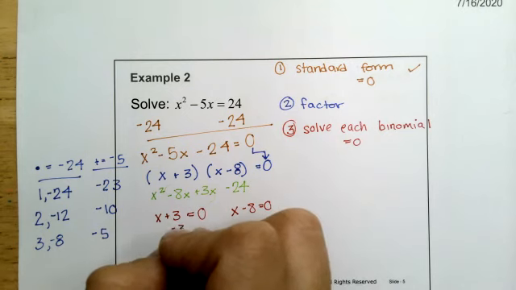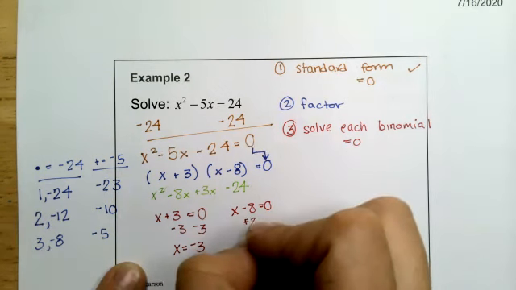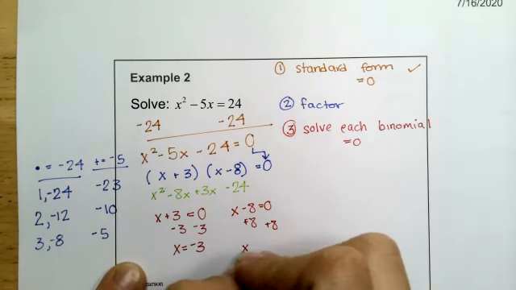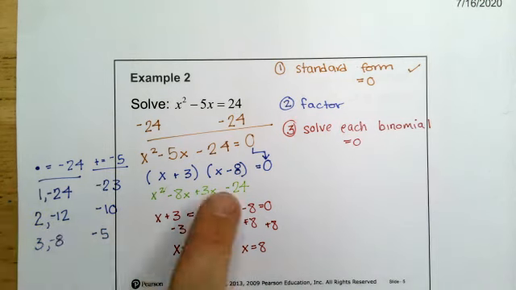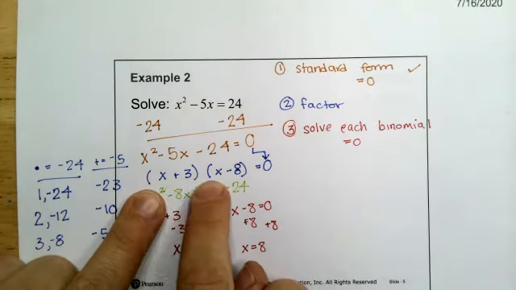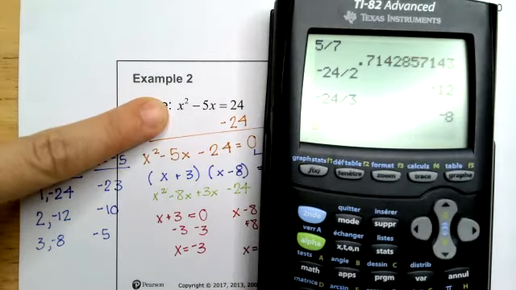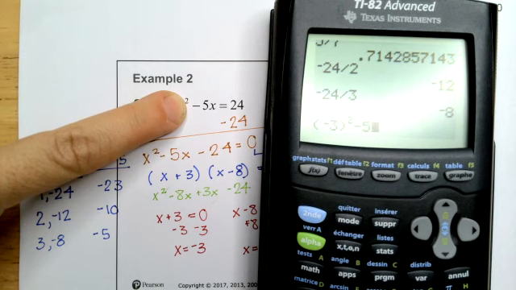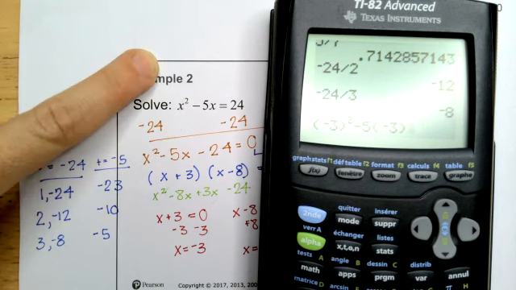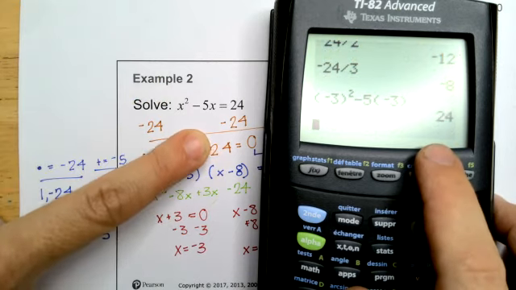Good. If I subtract 3, I get x is negative 3. If I add 8, I get x is a positive 8. Good. You can put that back into x plus 3 times x minus 8, or you can put it in right here. So you can say negative 3 squared minus 5 times negative 3 is a positive 24.